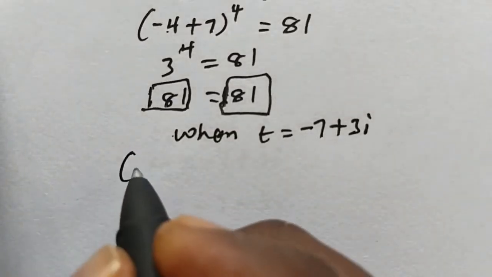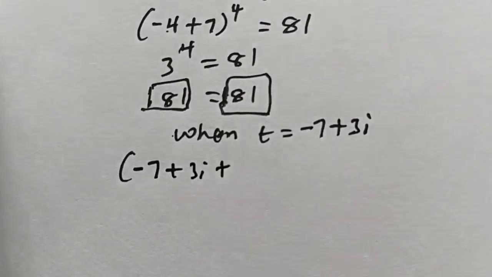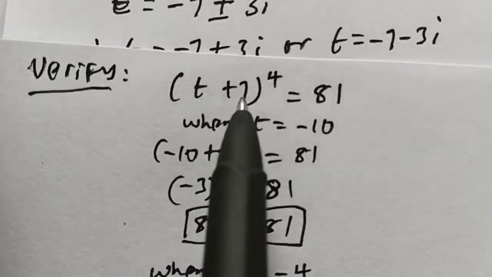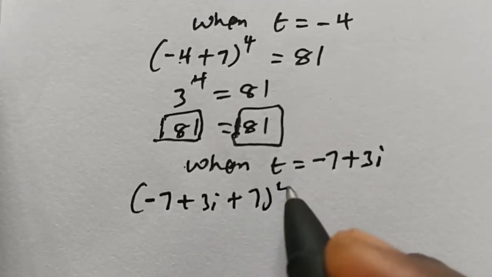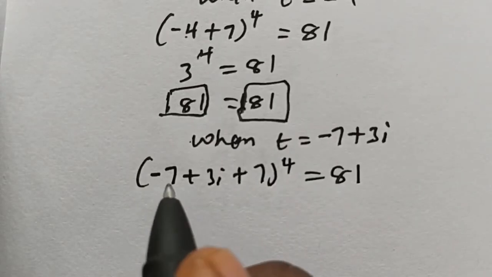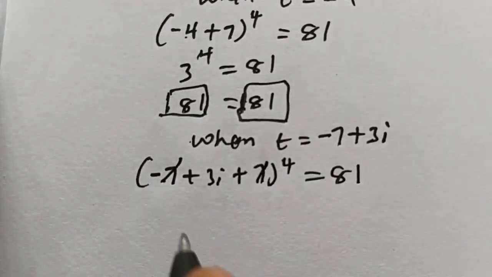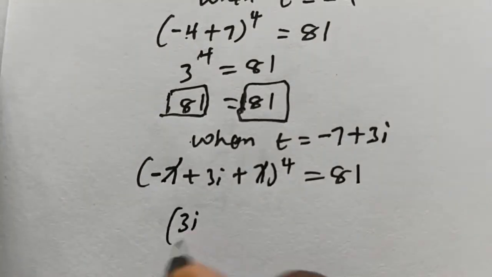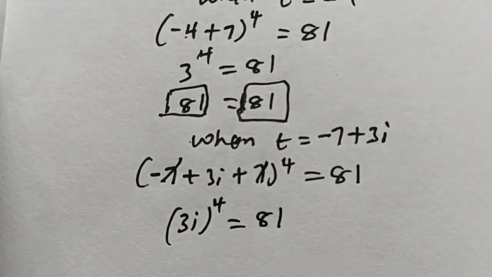So that will be minus 7 plus 3i plus what? Plus 7, all to the power of 4 equal to 81. Clearly, minus 7 plus 7, that goes off. We are left with 3i all to the power of 4 equal to 81.